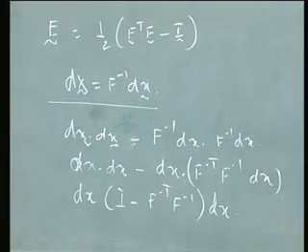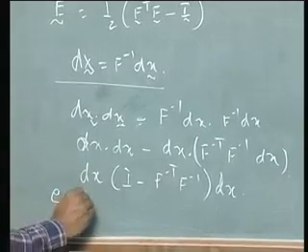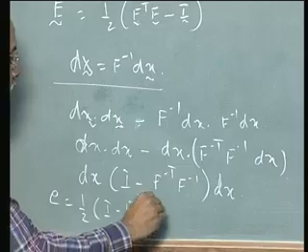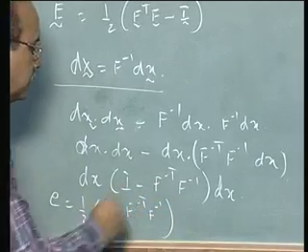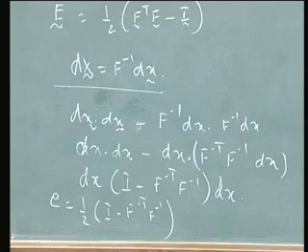I define small e, called the Almansi strain, to be half of I minus F inverse transpose F inverse.